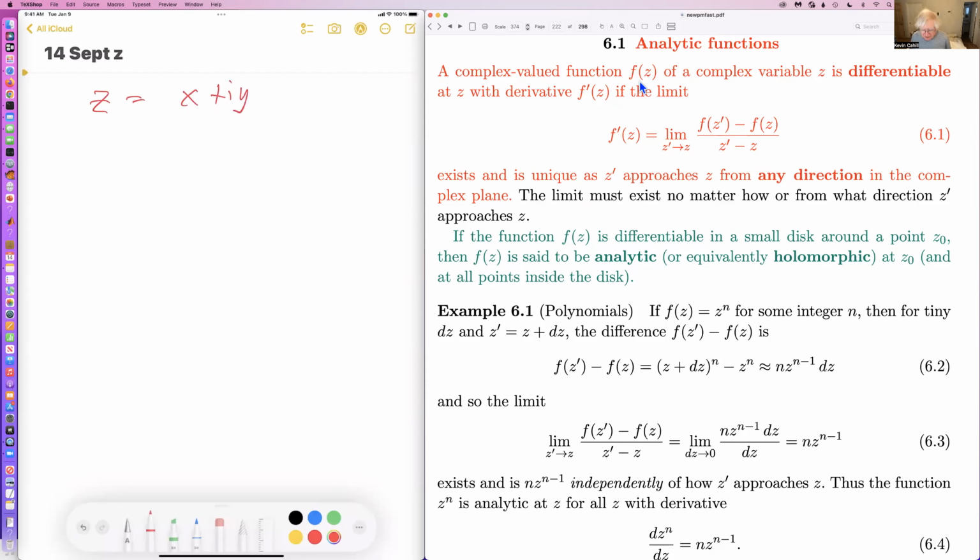That's what we typically say. And f of z then is going to be a real part plus an imaginary part. And I sometimes wrote them as u of xy plus iv of xy, or equivalently, u of z plus i v of z. So I'm being a little sloppy with the notation here.